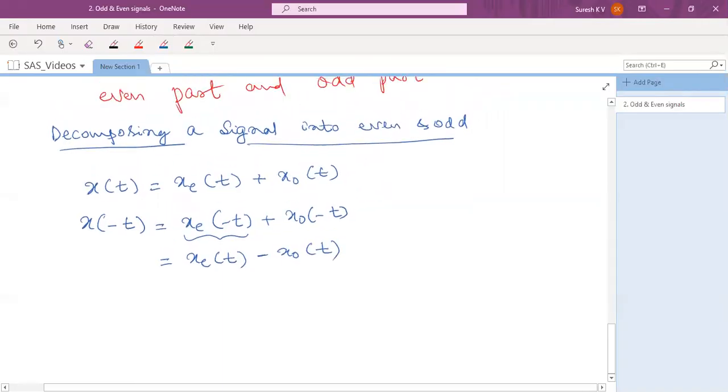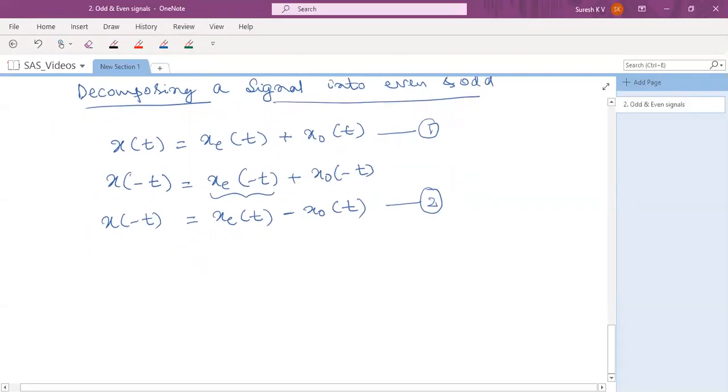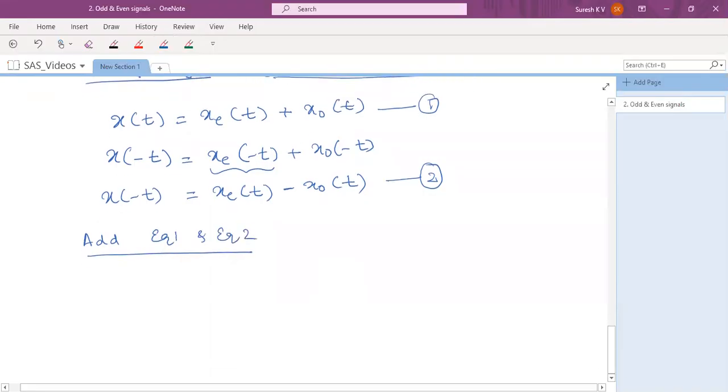So we have two equations, equation 1 and equation 2, which relate the signal x of t and x of minus t. Now if I add equation 1 and equation 2, what I get is on the left hand side x of t plus x of minus t, on the right hand side plus xo of t and minus xo of t cancels, so I will get 2 times xe of t.